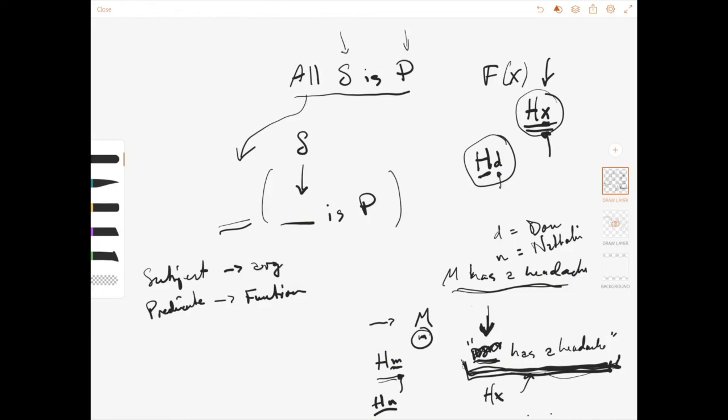A function and its argument is either a schema for a proposition, like H of x. That's a schema because it's not a real proposition, because it doesn't have a real value in for the argument. So we don't know how to assign a truth value to it.